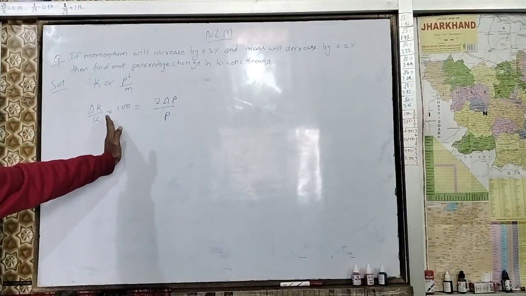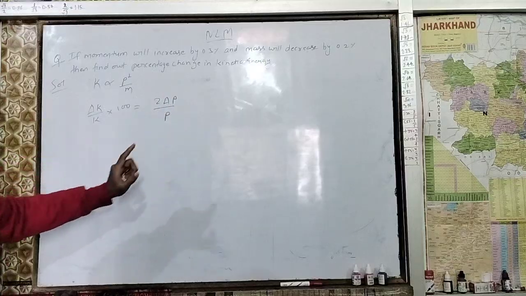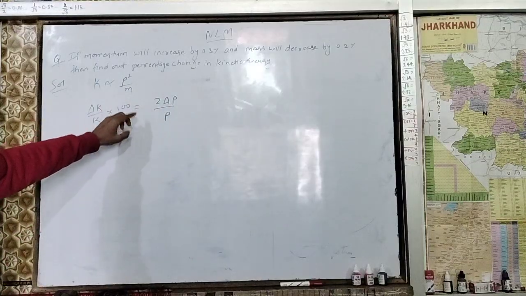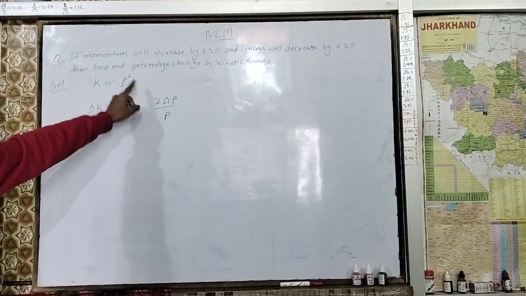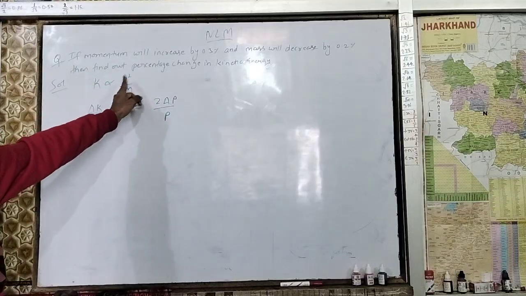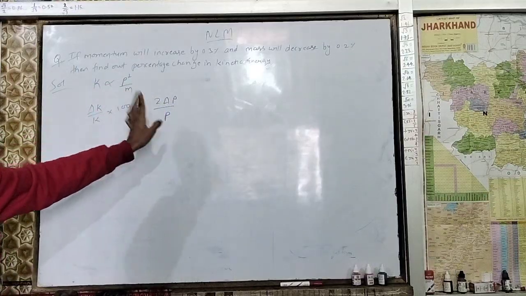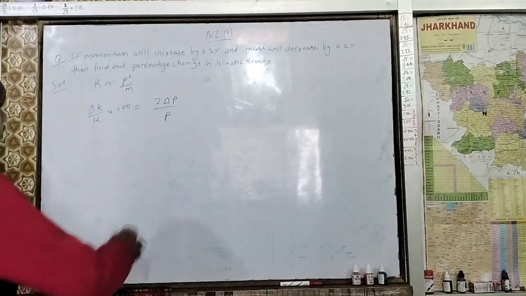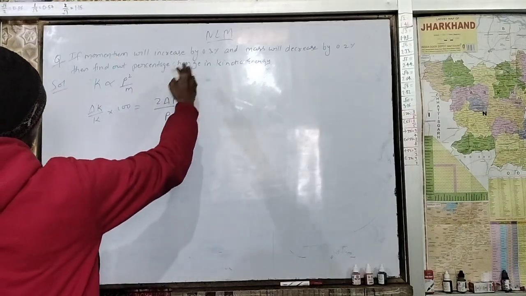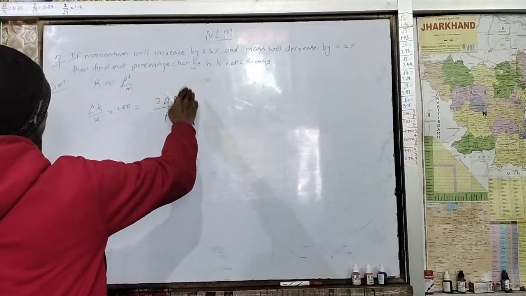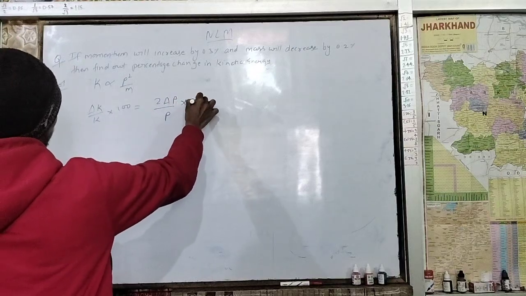Our focus will be on p square upon m. The 2 will come downward with complete delta p upon p1. Plus, for m we will take minus, into 100.